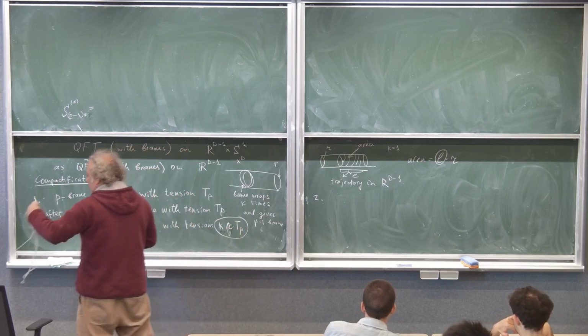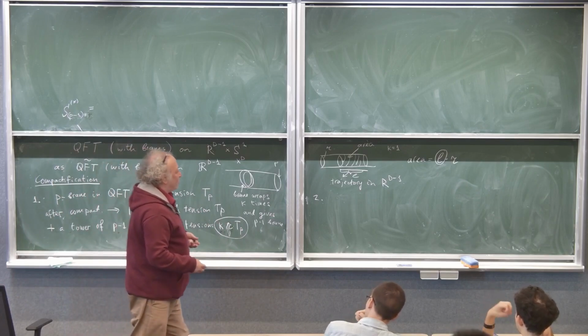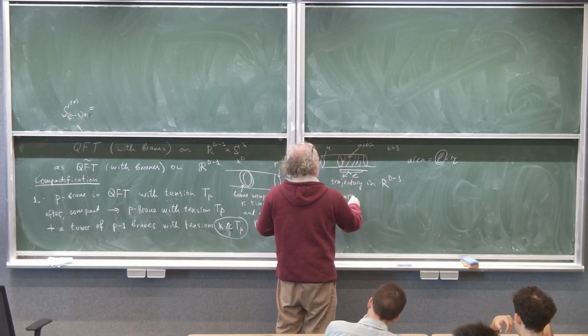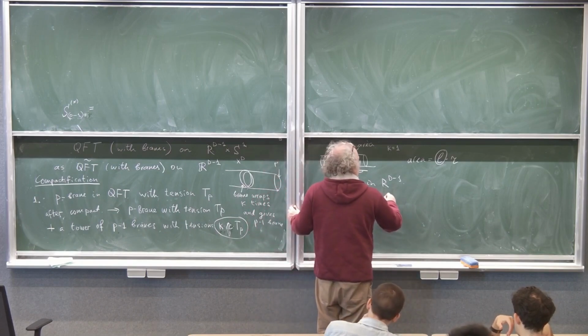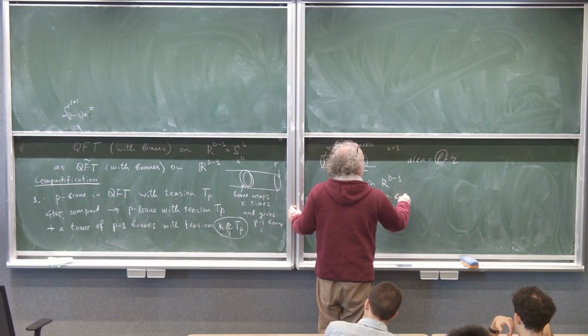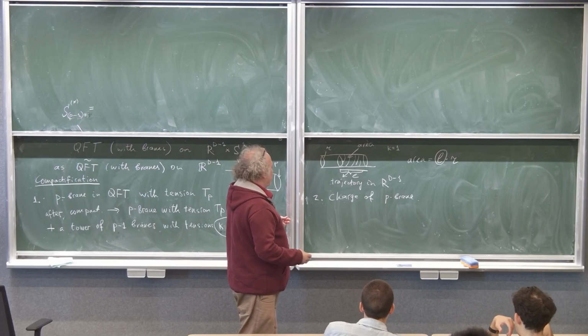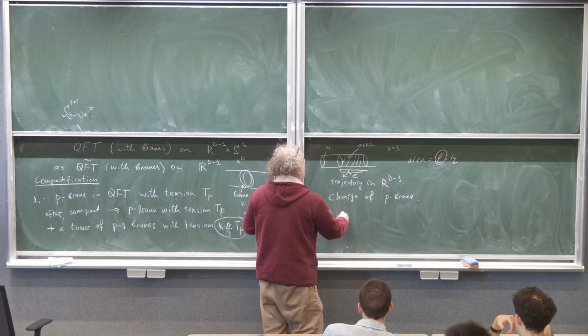In this elementary theory of branes and quantum field theories, we had a concept of charge, the charge of a p-brane. Before we speak about the charge of a p-brane, we imagine that we have a field B, a (p+1)-form.